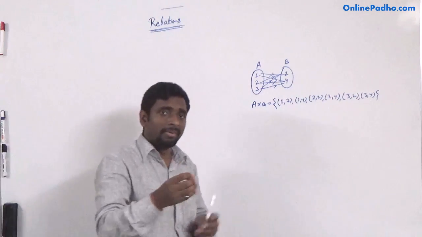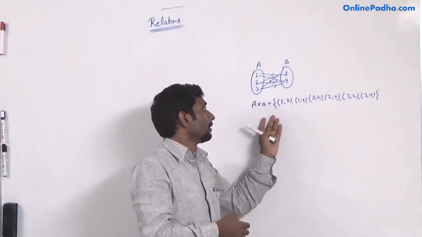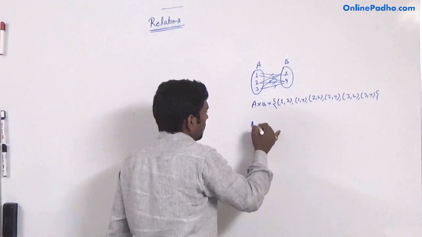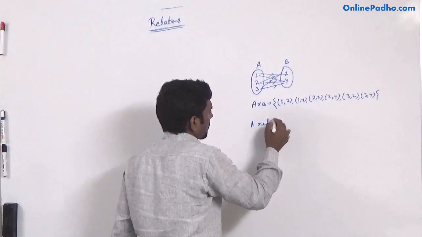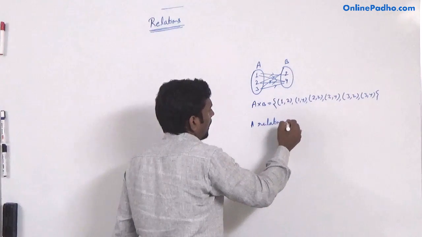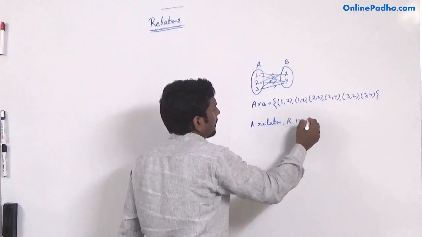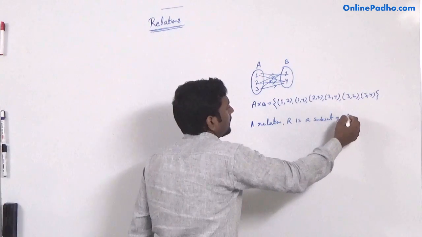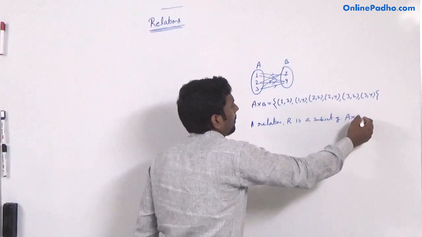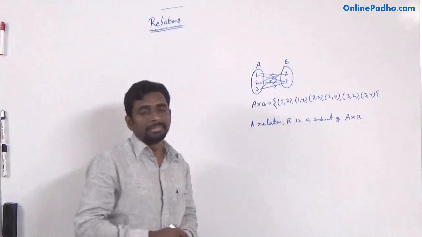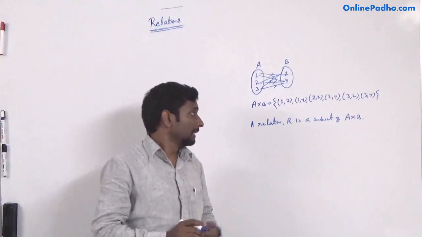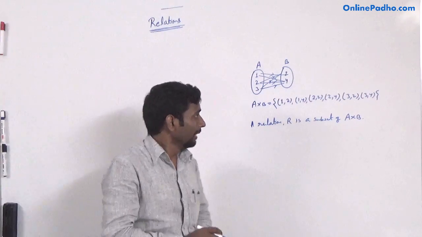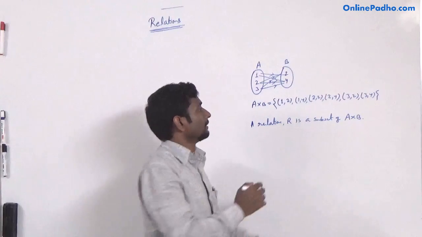And a relation is a very small part of this Cartesian product. So we can say that a relation R is a subset of the Cartesian product A multiply B. A relation is just a subset of A multiply B. So how many relations can be formed from these?